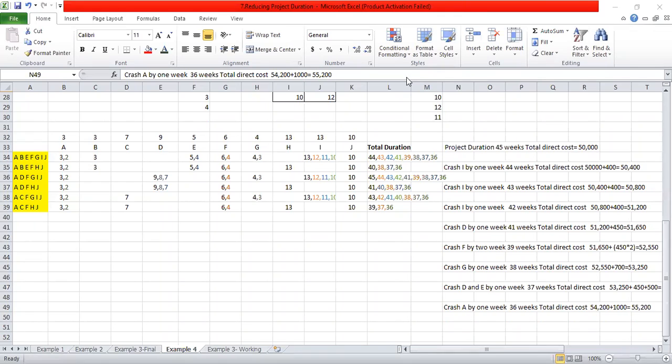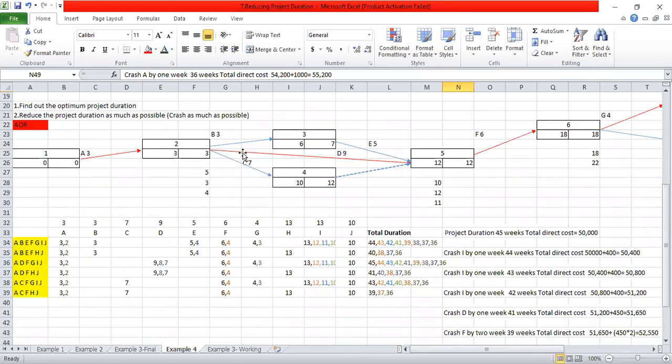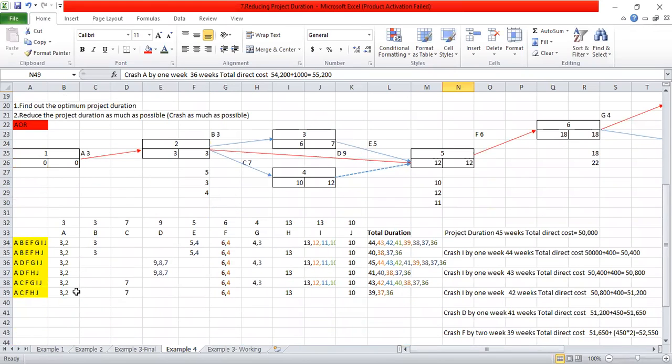Manisha is asking about the total crash. Yes. So A is common for all the activity, right? I have crashed, and activity A is having only one week to crash. Therefore, I have crashed it by all these weeks, all this activity, right?